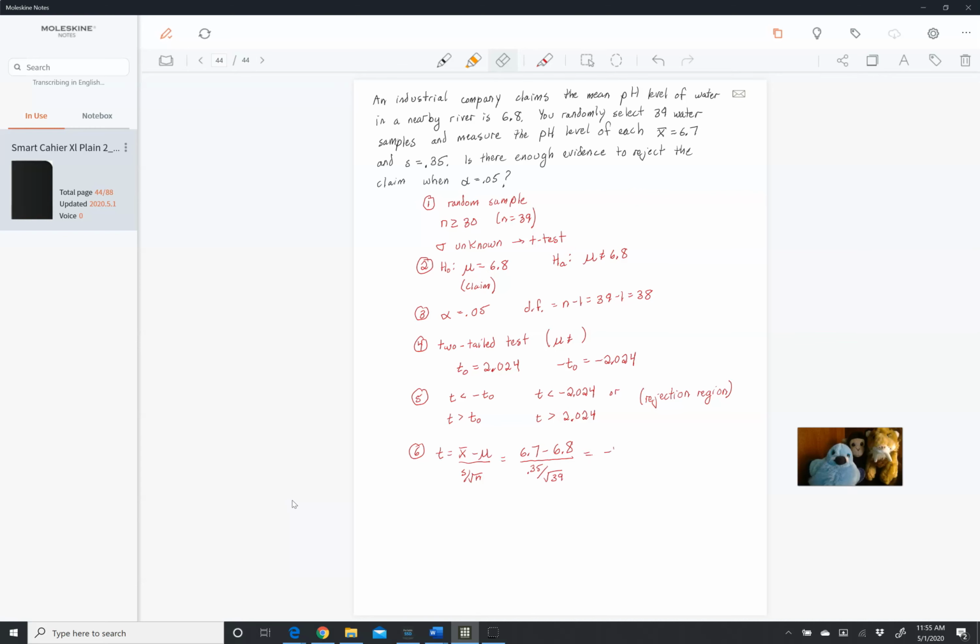We get negative 1.784. So negative 1.784 is not less than, okay, it's not less than negative 2.024. It's certainly not greater than positive 2.024. This is outside the rejection region.